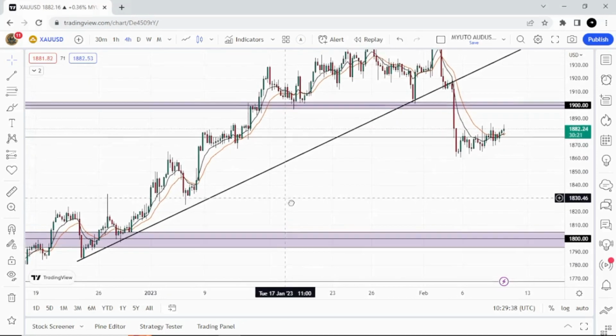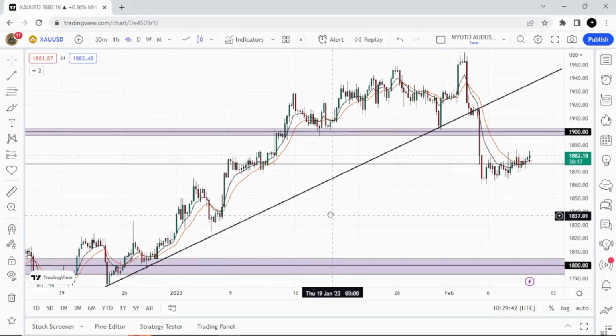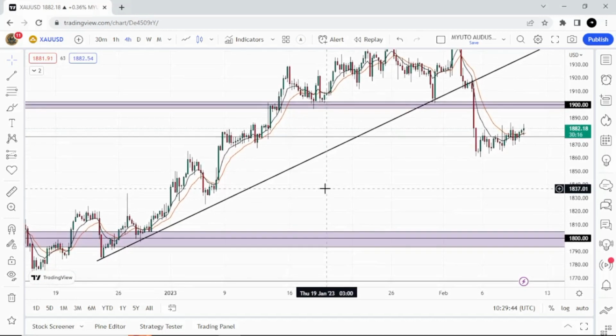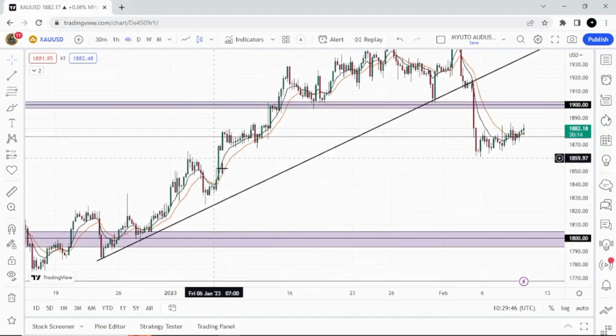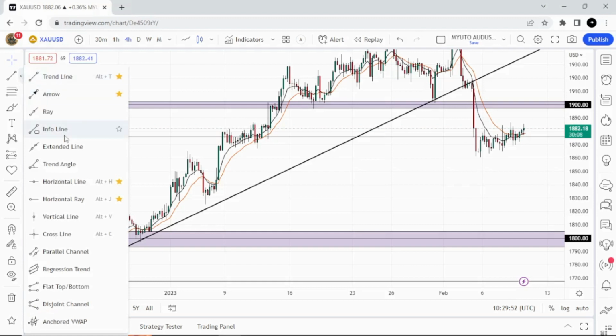Make sure to keep your charts very clean. As you can see, my charts are very clean and easy to read, because if your chart is messy, it will be difficult for you to read price. So I bring out my horizontal ray.